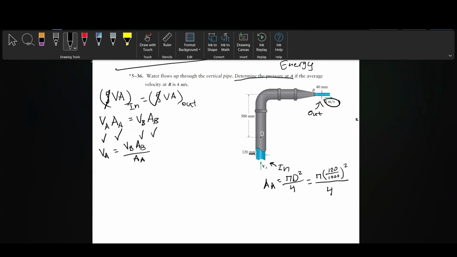So the area at A is going to be about 0.01131 meters squared.